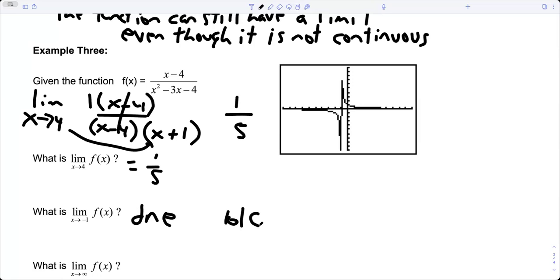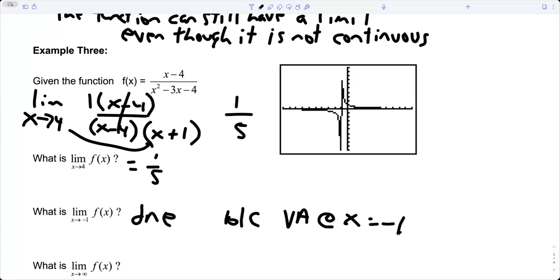Because what's at negative 1? There is a vertical asymptote at negative 1, because if I plug in negative 1 to the denominator, it's not removable. The denominator is undefined, so there's a vertical asymptote at x equals negative 1.